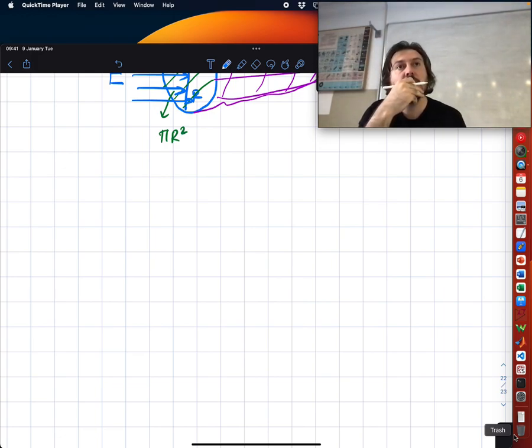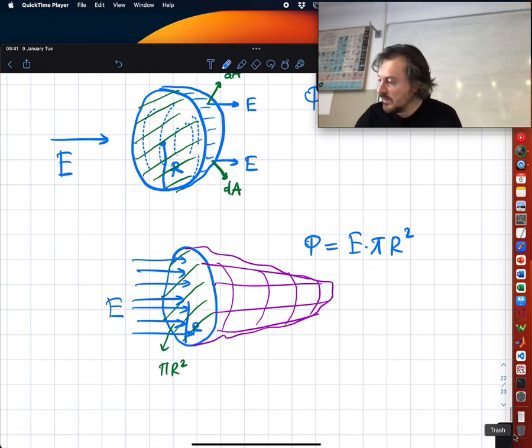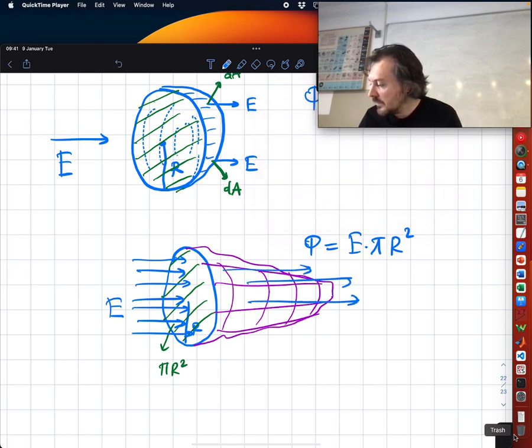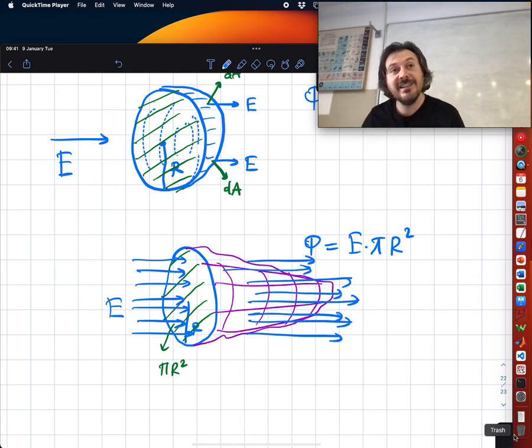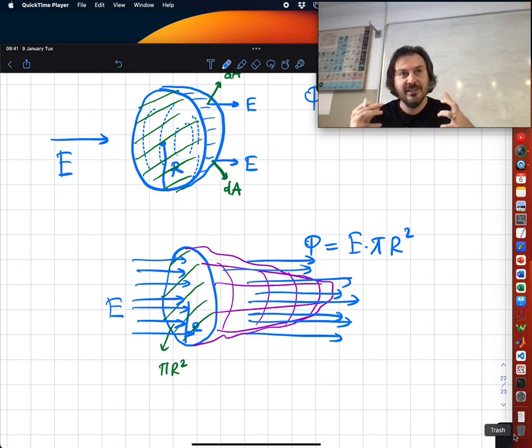So the electric field does not go outside of the surface. It does. It penetrates through. Did I mislead you by saying that catching electric field, so that you thought that electric field would not go to the other side? I didn't mean to say that.